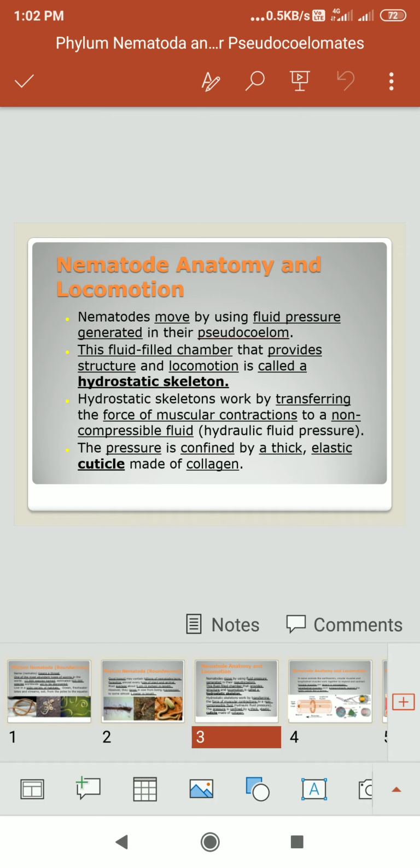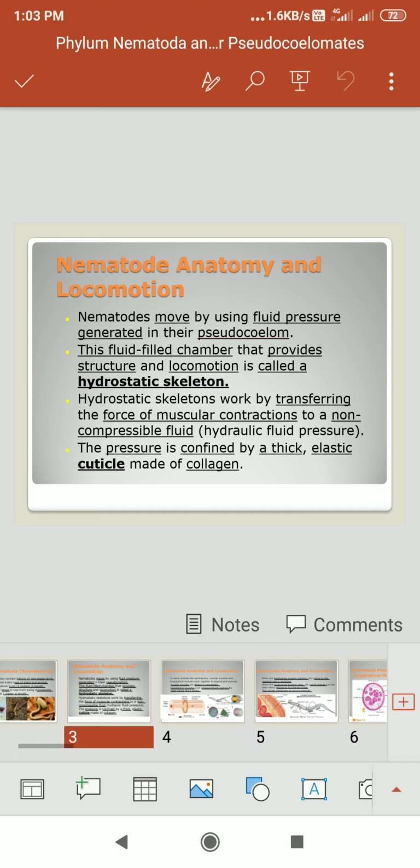Hydrostatic skeletons work by transferring the force of muscular contractions to a non-compressible fluid, that is hydraulic fluid pressure, and the pressure is resisted by a thick elastic cuticle made of collagen.